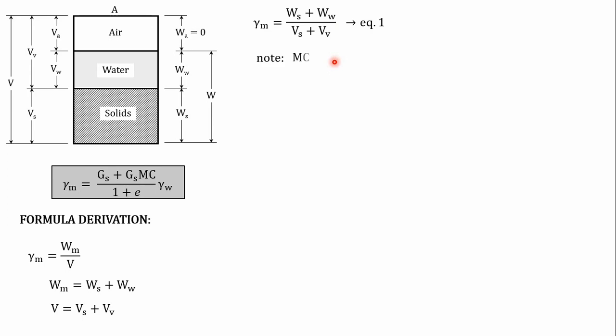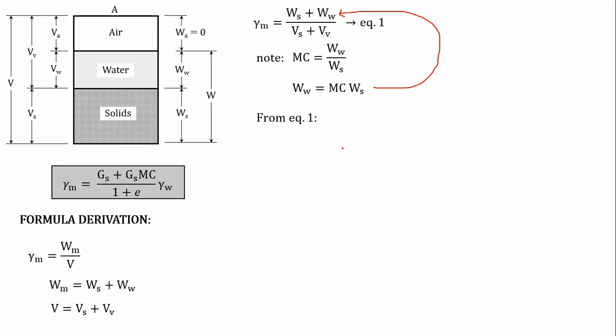So, note moisture content. Moisture content is equal to weight of water divided by weight of solids. And that gives us this formula: weight of water is equal to MC times weight of solids. Then, from equation 1, we substitute it like this.